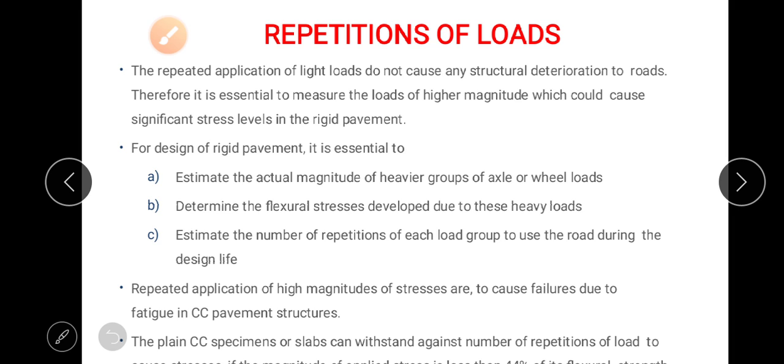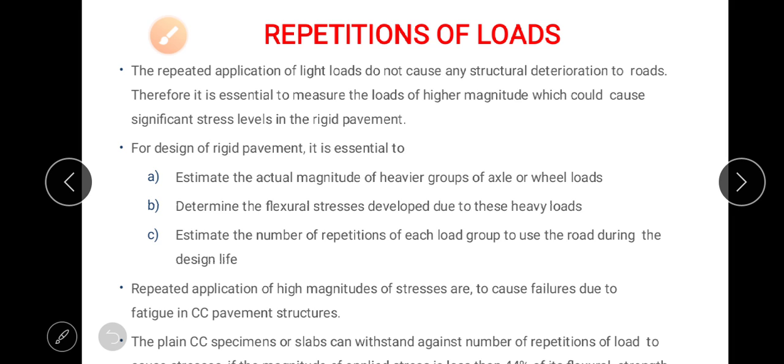Because we must expect that the loads applied on the pavement are repeated, any number of times. Repeated application of high magnitudes of stress causes failure due to fatigue in cement concrete pavement structures.